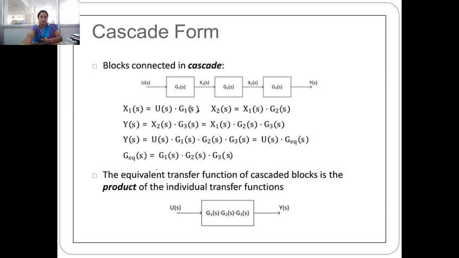To find the output, here we consider three gains, G1, G2 and G3, connected in cascade. The output is equal to input U of s times G1 of s, G2 of s and G3 of s. This is your final output. Here the output quantity is controlled by varying your input quantity.